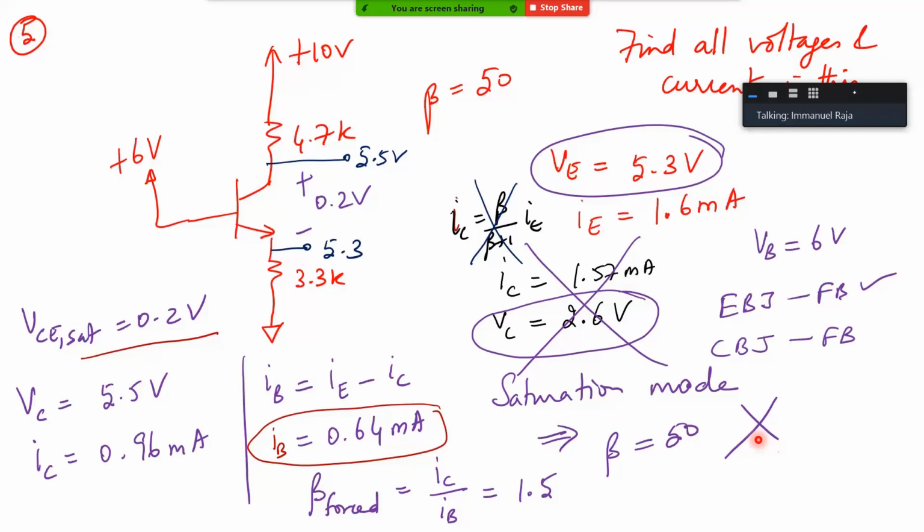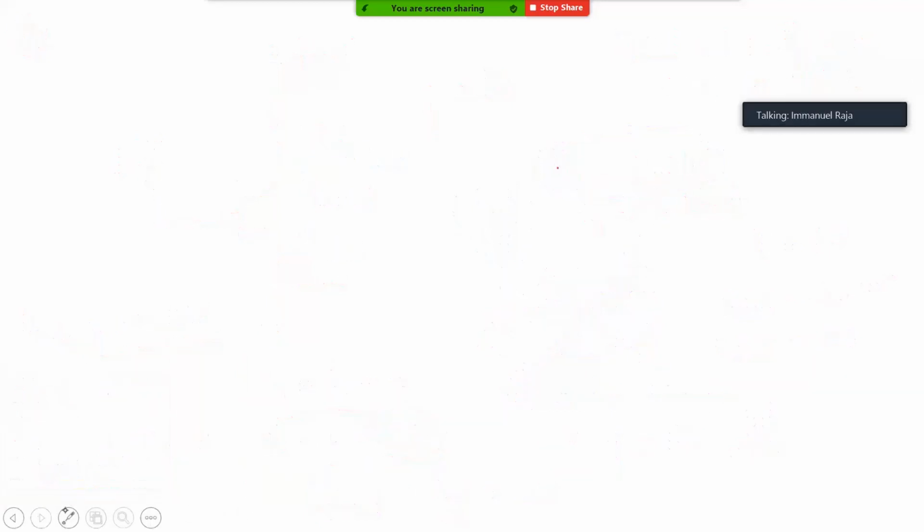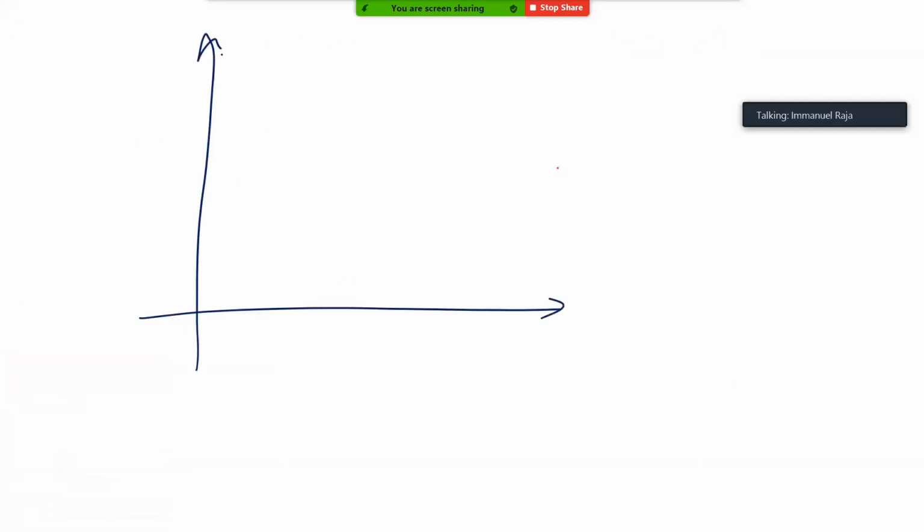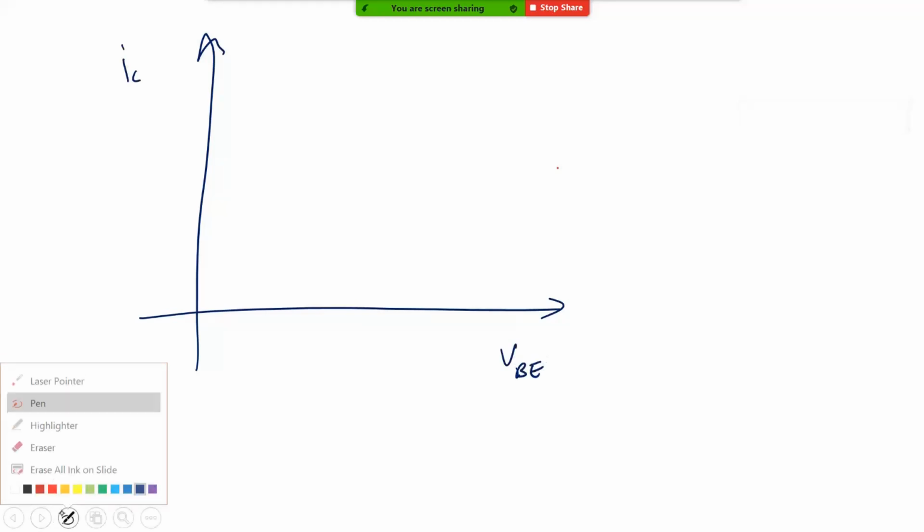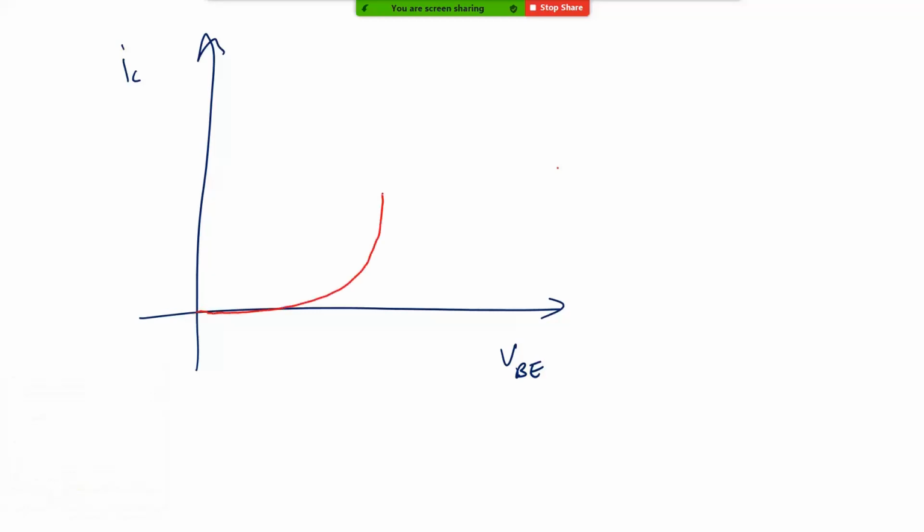Yeah, you can. That's a good question. So let me, okay. If you look at the IC versus VB curve, how did it behave? It was something like this, right? No, something like this. Okay, this is your diode response.